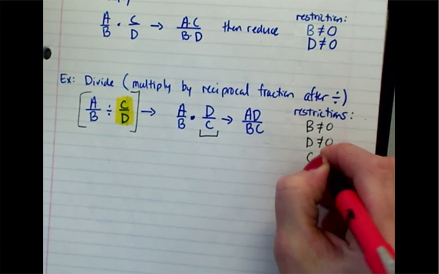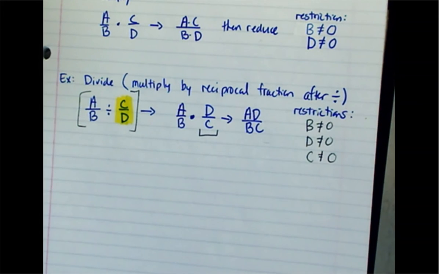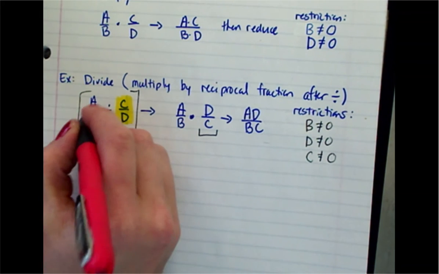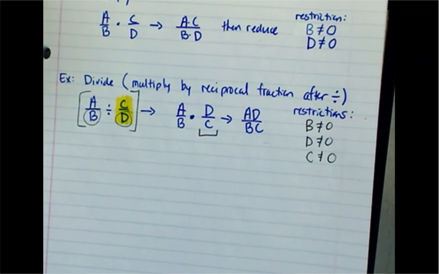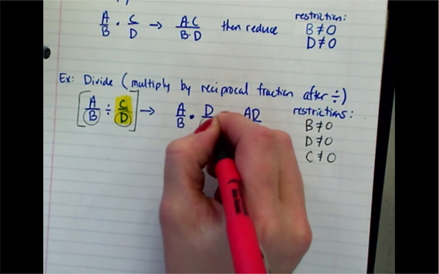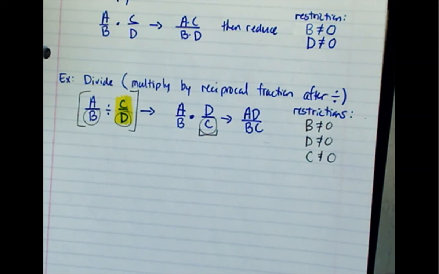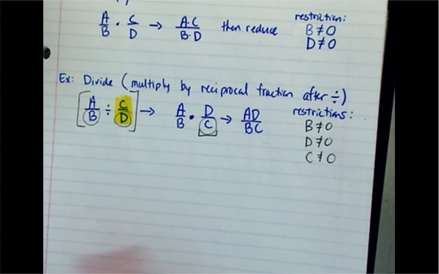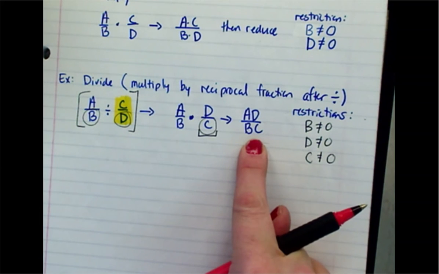And so that division is really tricky because you actually have to look twice. My first step, the problem is printed on the paper. None of those denominators can be 0. Then you rewrite your problem into a multiplication. None of those denominators can be 0 either. And so you actually have 3 restrictions. Once we're into this multiplication step, nothing is changing locations, which means you're done looking for your restrictions.